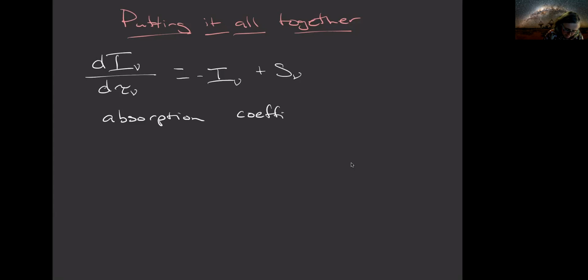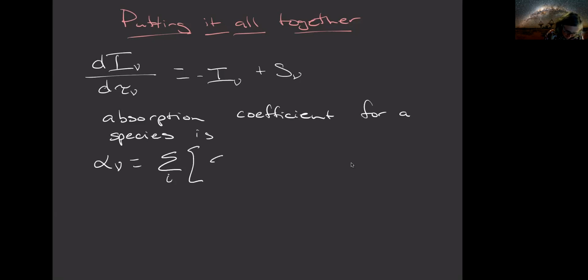So the absorption coefficient for a species is just the sum over all electrons in the J greater than I energy state, so the energy state which is greater than I, of the number density of atoms with an electron in the ith energy level, times, say, the cross section for a bound transition from the I to the jth energy level, plus the number density of the atoms with electrons in the ith energy state times their cross section for actually being bound free.